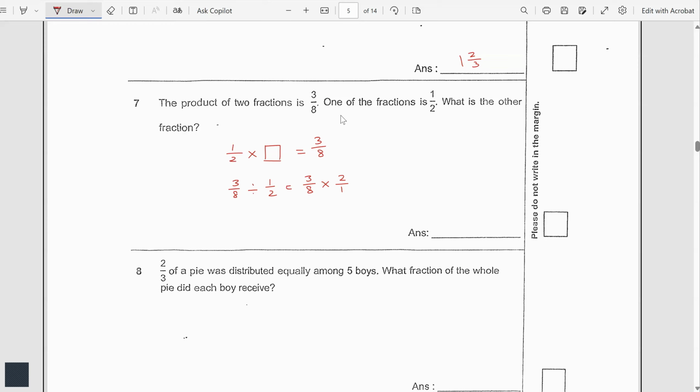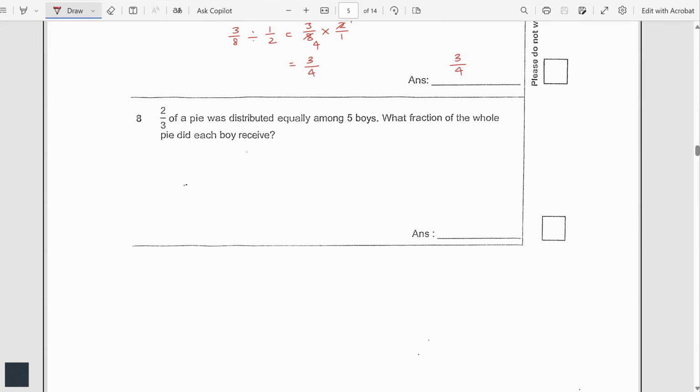And then I do what I did earlier. I simplify top and bottom. So the 8 and 2 can both be divided by 2. And now numerator times numerator, denominator times denominator. Okay, so I end up with 3/4.